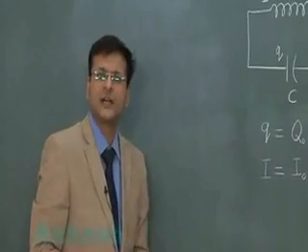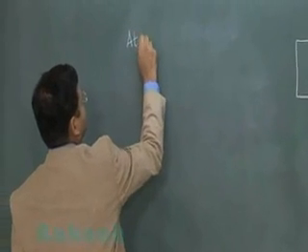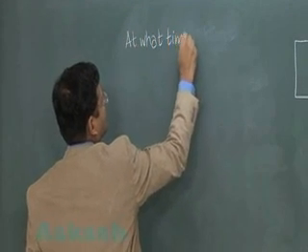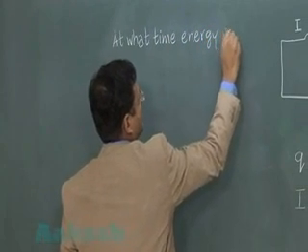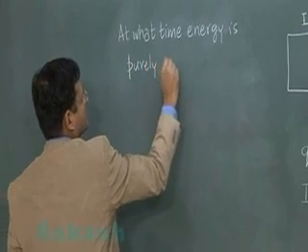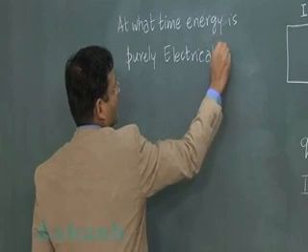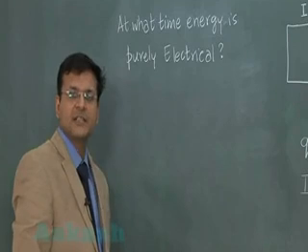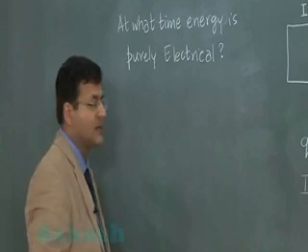Let us suppose we are asking at what time the energy is purely electrical. Then, as we have seen, the energy will be purely electrical whenever the charge is completely stored on the capacitor.